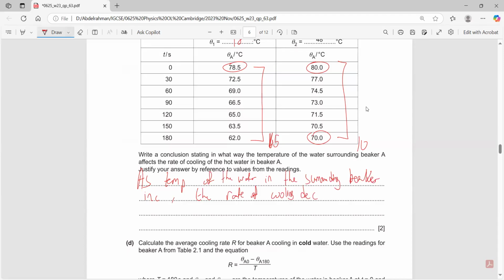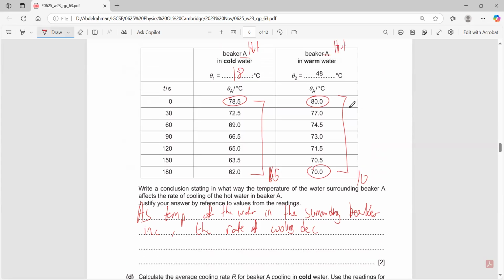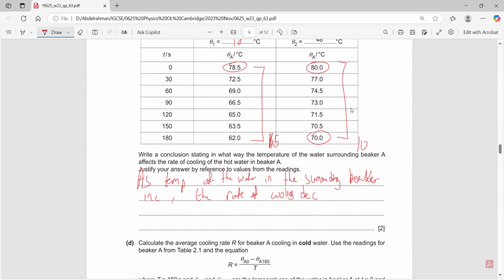How does it decrease? If it was 18 degrees Celsius, what happened? It started off at 78.5 minus 62, which is a difference of 16.5 degrees Celsius, right? What about if the temperature increased to 48 degrees Celsius? It gave you a difference of 80 minus 70, only 10 degrees Celsius, right?